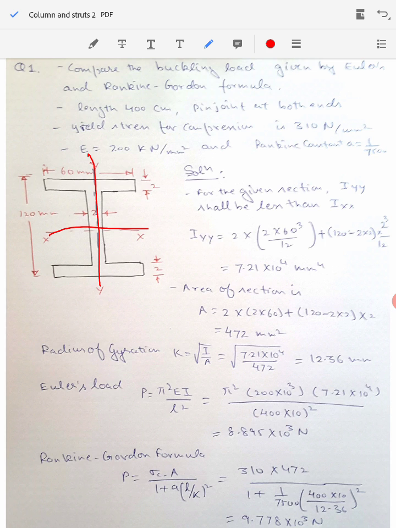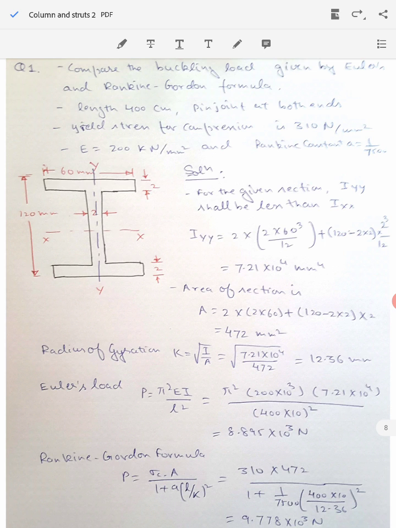Why is it so? That's quite obvious actually, because the material distribution from the x-axis is quite far away from the axis, so the moment of inertia will be higher in the case of axis xx, while in the case of yy there is a lot of material around the axis itself, so it will have a lower value. You can calculate and compare that also.